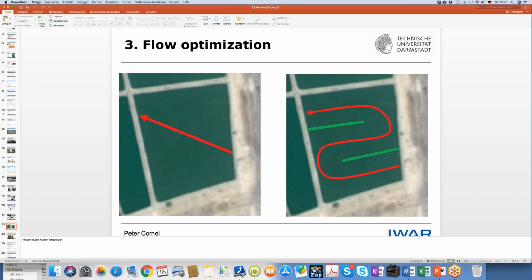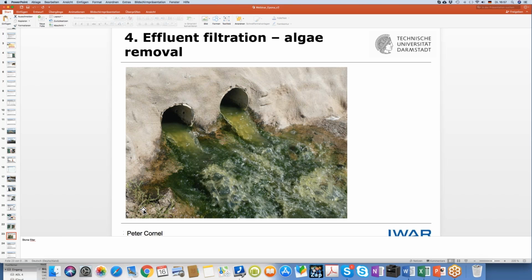And let's look. The effluent is a problem. We have a problem with algae, which would be no problem if we do ditch irrigation or irrigation without drip irrigation or sprinkler.